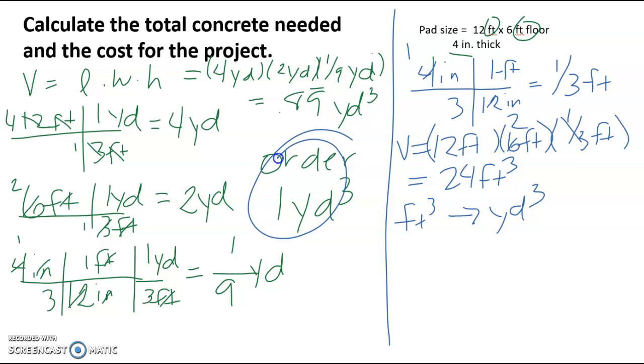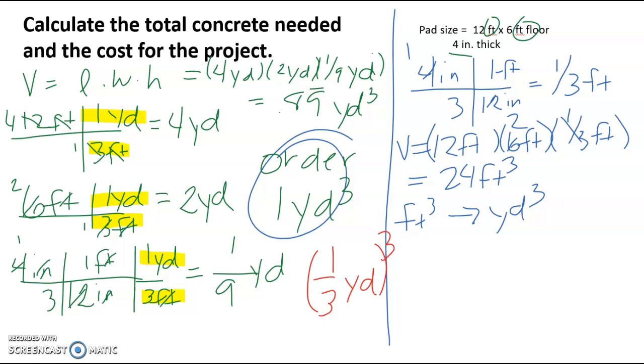You don't want to order extra. You'll be paying for it, and there's no returning concrete. What you need to be aware of is that when you multiplied over here, we multiplied by 1/3 of a yard 3 times. So 1/3 of a yard to the 3rd power is much different than just 1/3.